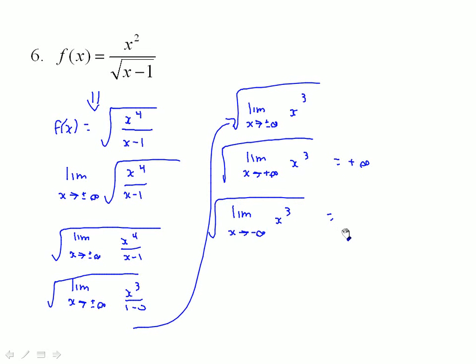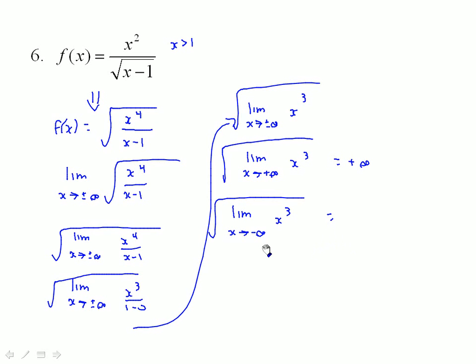Now this is interesting, because this would have been obvious if we took a close look at the function to start with, but this graph has a restriction on the domain. X has to be greater than 1. So this graph is only defined for all x values greater than 1.